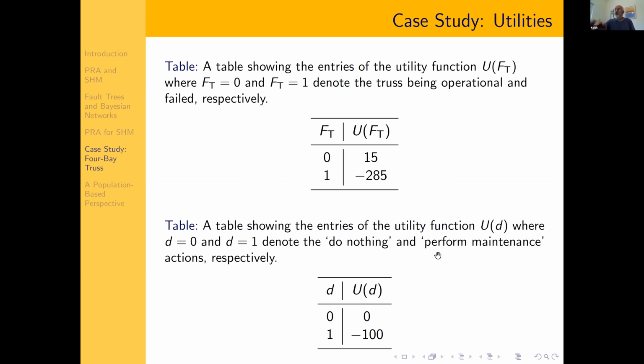We've also got a utility associated with the decision, and the decision is going to be do nothing, perform maintenance. Doing nothing doesn't cost us anything. Doing maintenance costs us quite a lot, but nowhere near as much as allowing the structure to fail.